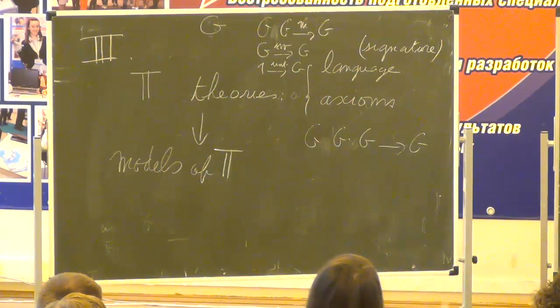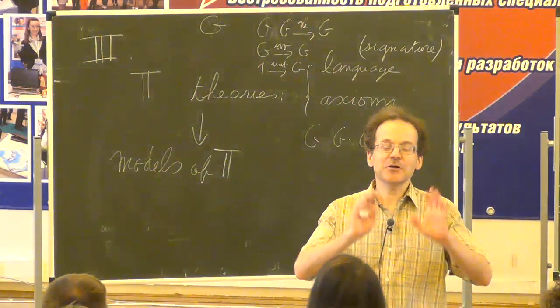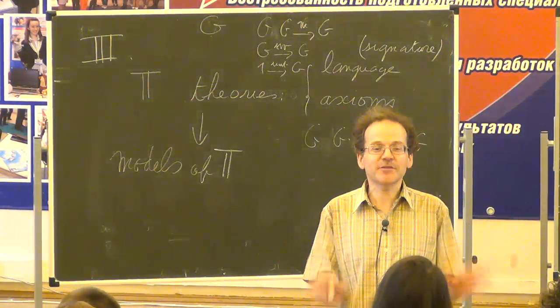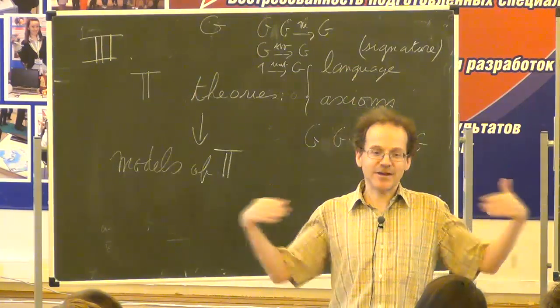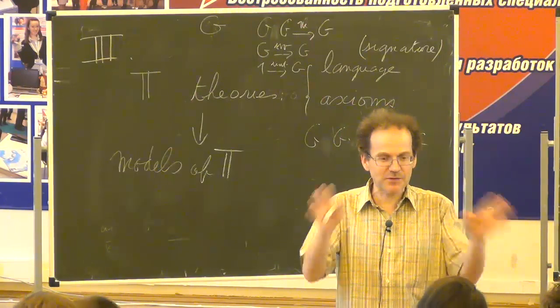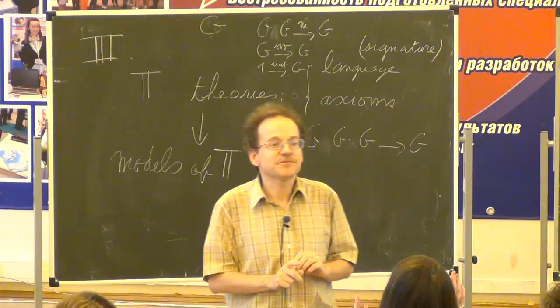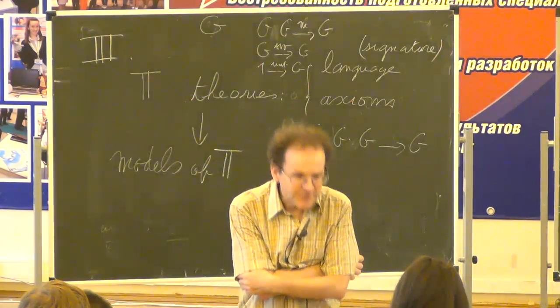I'm sorry, it is not the correct word. By now I am speaking in loose terms. At least you know what is associativity. After that, everything will become precise and well defined. In this language, there is some formula which states associativity. Yes, exactly.